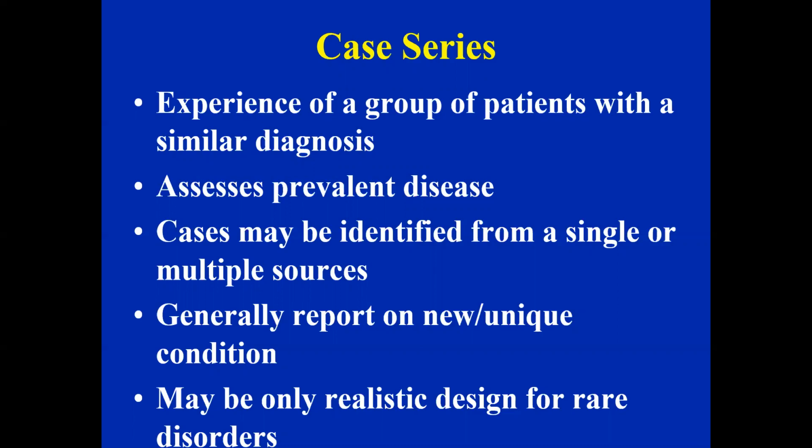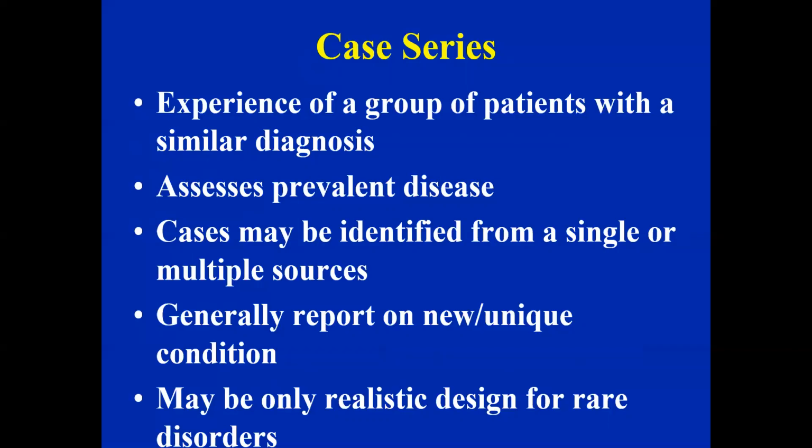Initially there were a few, but later a lot of people were presenting with the same signs and symptoms. They assess the prevalent disease. The cases may be identified from a single or multiple sources. For example, in the corona case, they started from one point, then it spread until we had a lot of cases reaching many parts of the country.